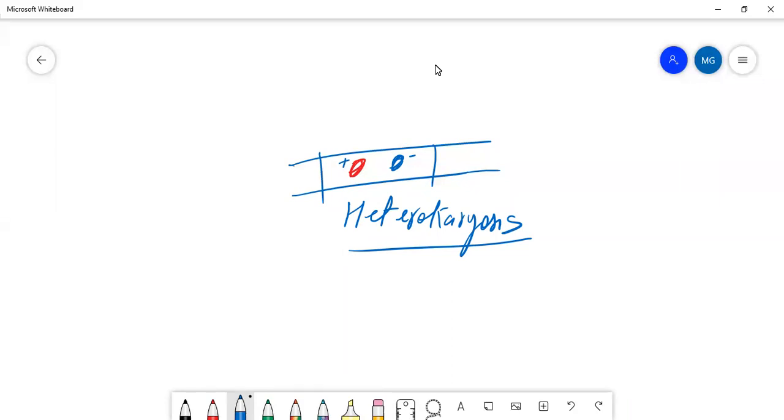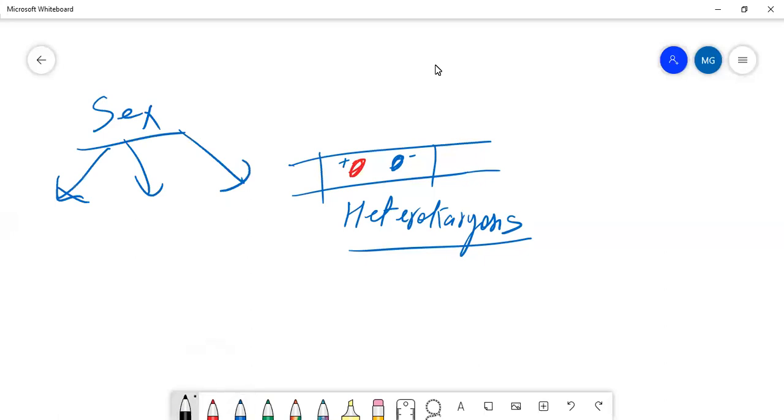Is this clear? And you have to remember that on the basis of sex, fungi can be classified into three categories. On the basis of sex, we can classify fungi into three different categories. The first one is what? The first one is hermaphrodite.